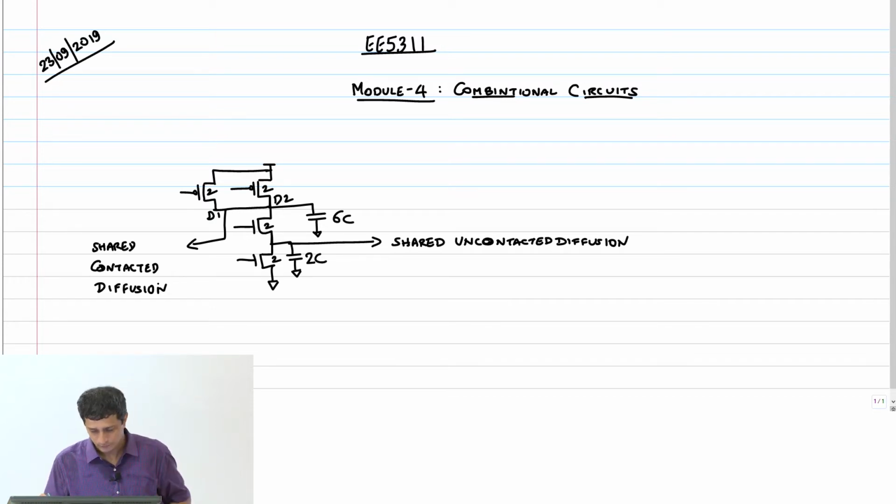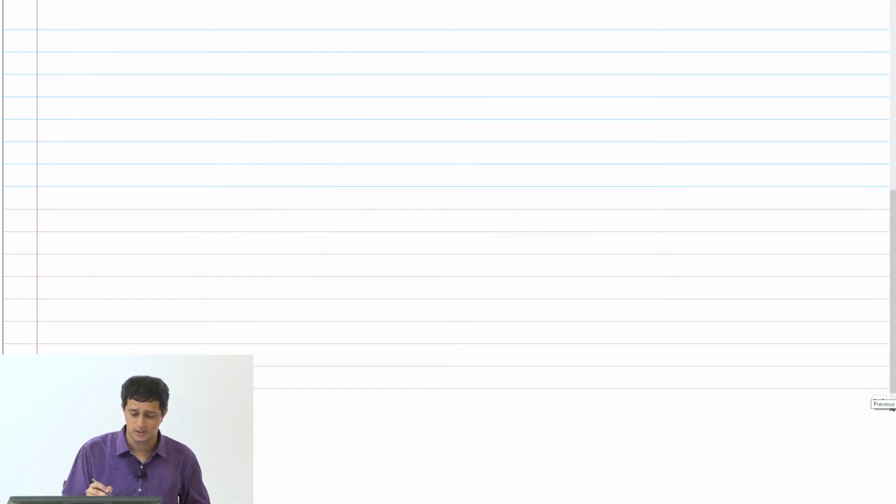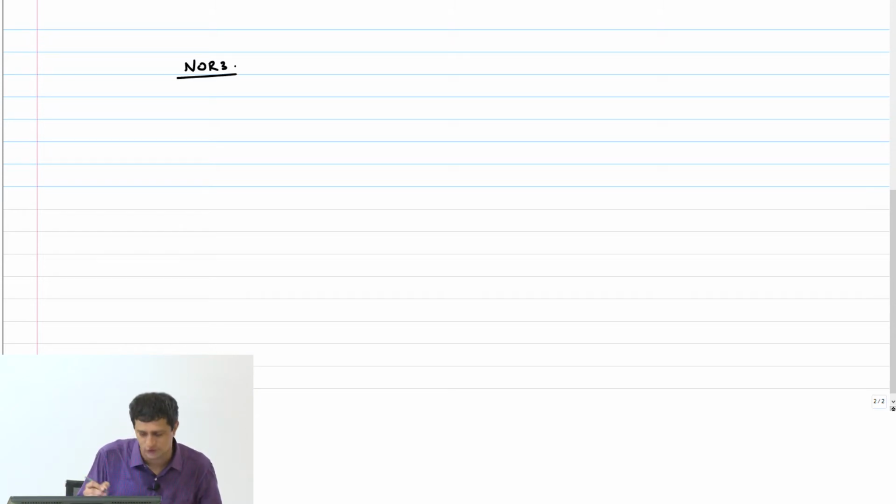Clear? So now let's go ahead and use this concept to figure out what the capacitances of a NOR, let's say a NOR 3 gate straight away, are. So first, can you sketch a NOR 3? Y equals A plus B plus C whole bar.